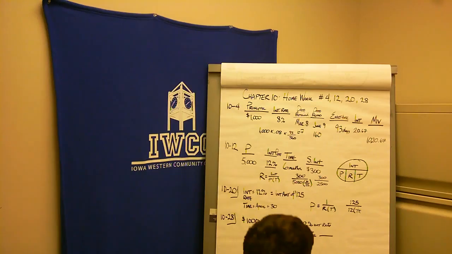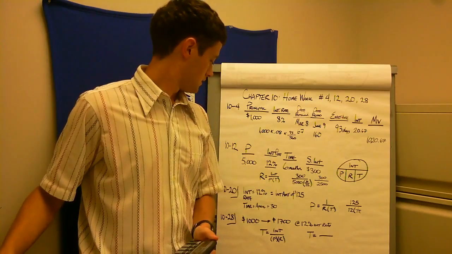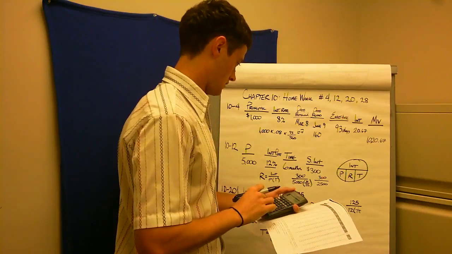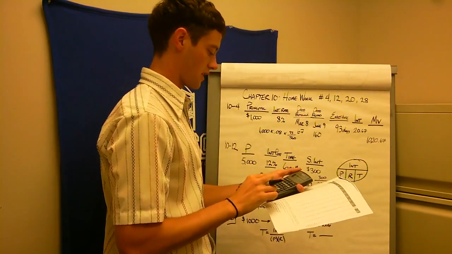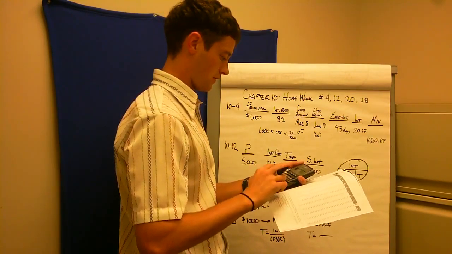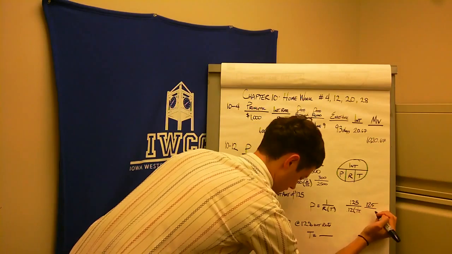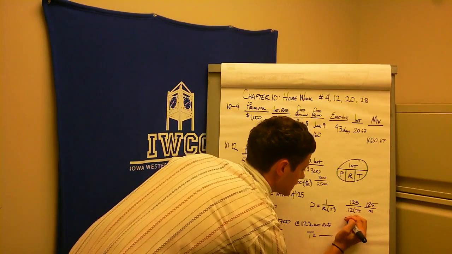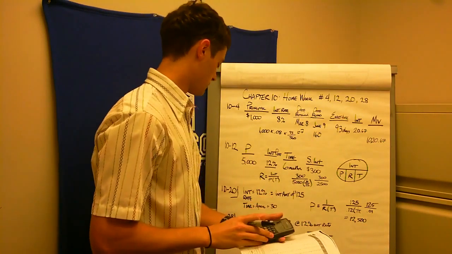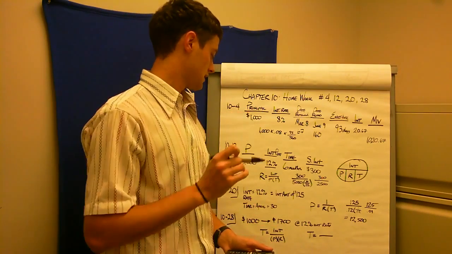And the best way to calculate that, number 20, there we go, I forgot my decimal point, 0.12 times 1/12. So 125 divided by 0.01 equals 12,500.